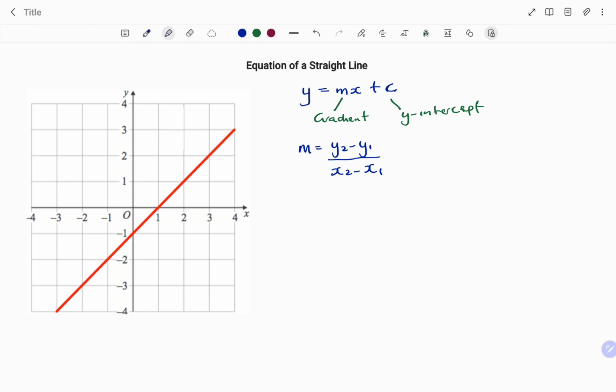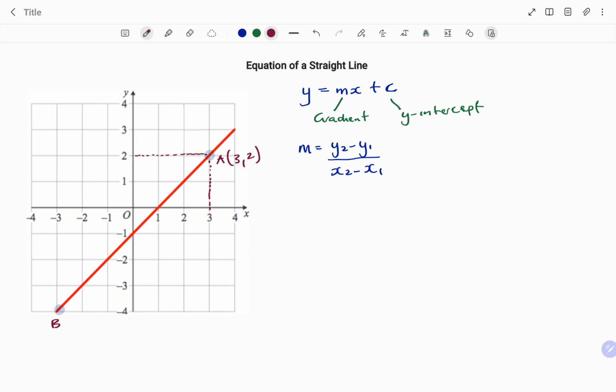I'm going to choose the point 3, 2 on my Cartesian plane, and the point minus 3, minus 4. I call this point my A, and the coordinate is, if I trace down to my x-axis, that's positive 3, and if I trace to my y-axis, that's positive 2.